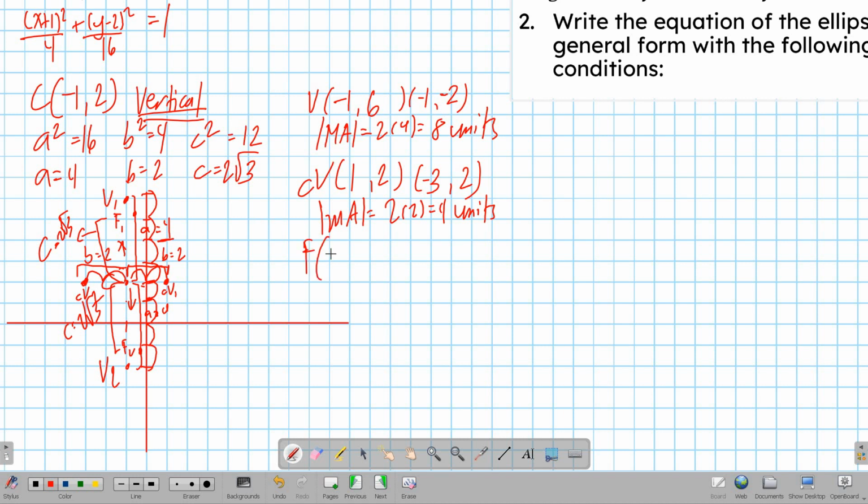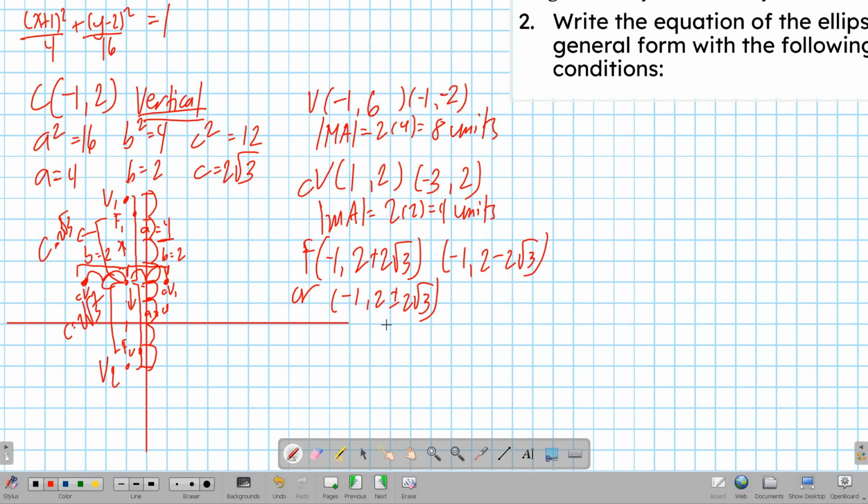So for the foci, that's -1. Then from 2, we go up 2 square root of 3 units. So that's 2 plus 2 square root of 3. And when the point went down to the other focus, that's -1, then 2 minus 2 square root of 3. Or we can write this as -1, 2 plus or minus 2 square root of 3. That's for the foci.